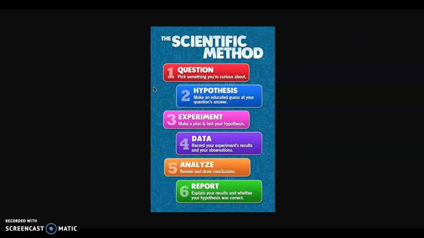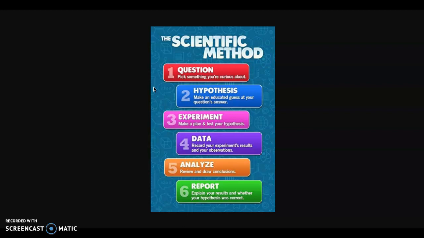So once you've compiled all 6 of these stages, you come up with a document. It's called a lab report, or a lab conclusion, which details the question you asked, what you thought was going to happen, how the experiment was run, the data that you collected, your reasoning and analysis and thoughts about that data, and then a final report that summarizes all of those important elements.